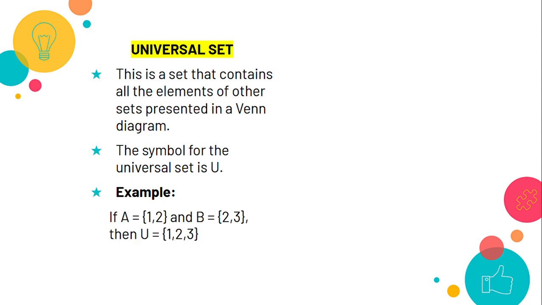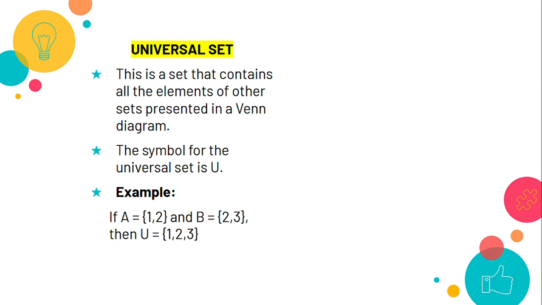So let us think about this example that's given. If set A is the set that contains the elements 1 and 2, and set B contains the elements 2 and 3, then the smallest universal set that could contain sets A and B would be the set {1, 2, 3}.